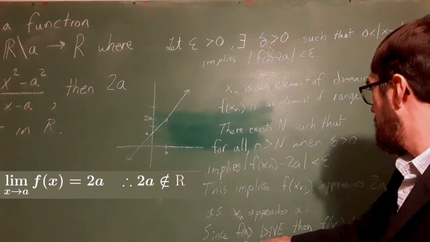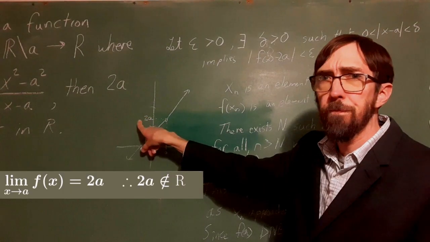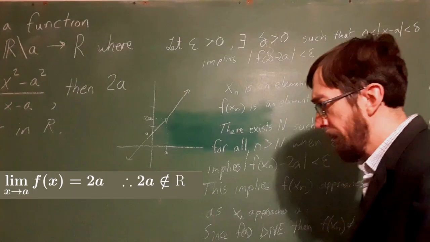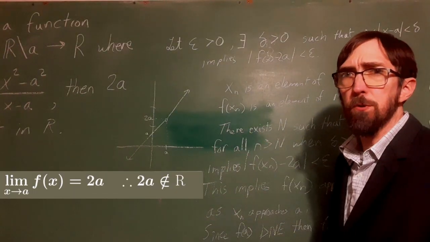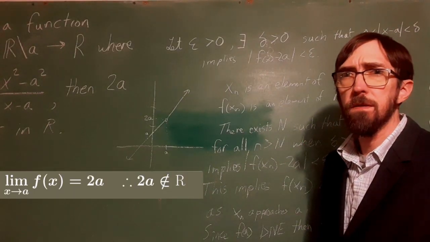F of a is essentially 2a. This is the limit. I don't reach it. And that concludes our proof using an epsilon delta argument.